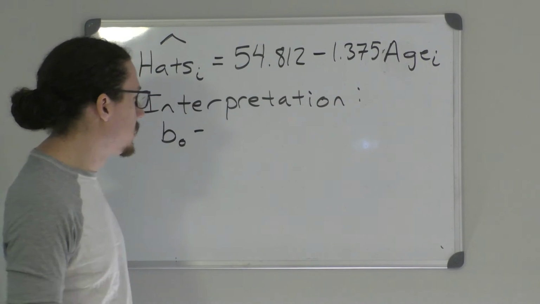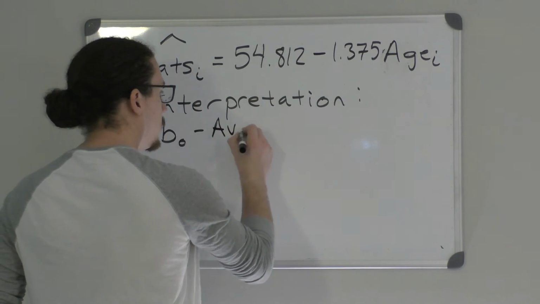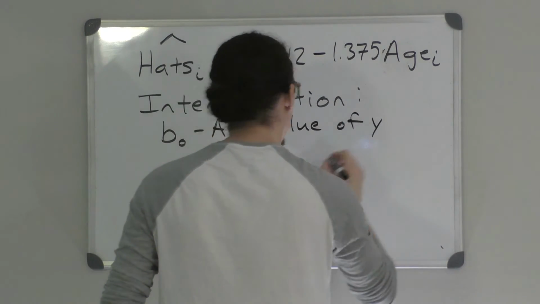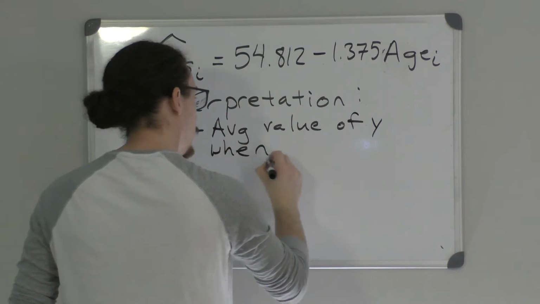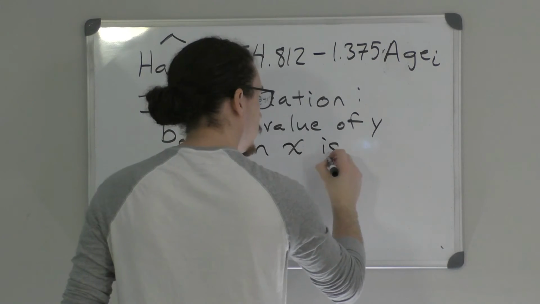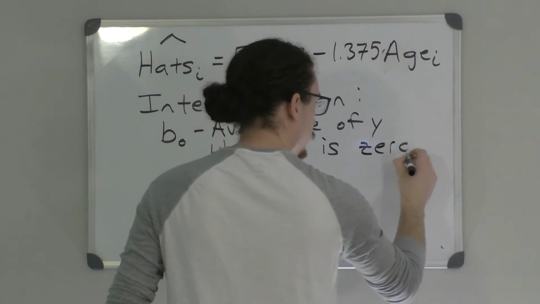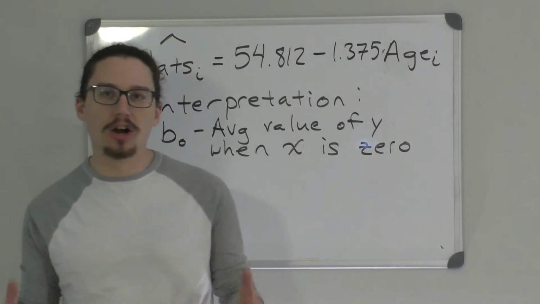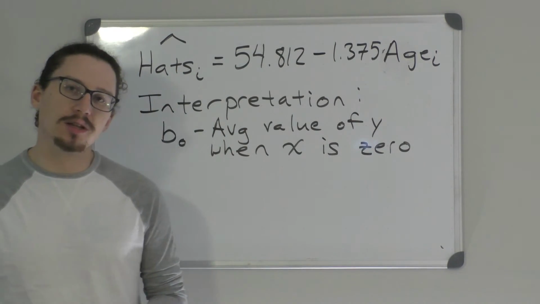And that's going to tell us the average value of y when x is 0. Right? So that's the generic way of interpreting beta naught.